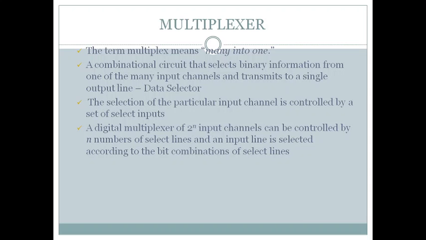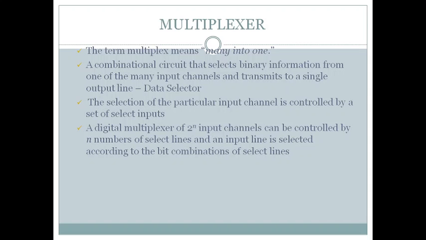For example, think that there is a large amount of digital information coming from a number of channels, and you want to route the digital information coming from all these channels onto a single output line for transmission to somewhere else without changing or losing any digital data.